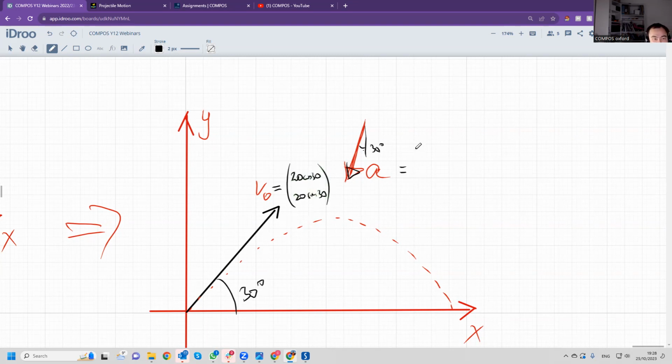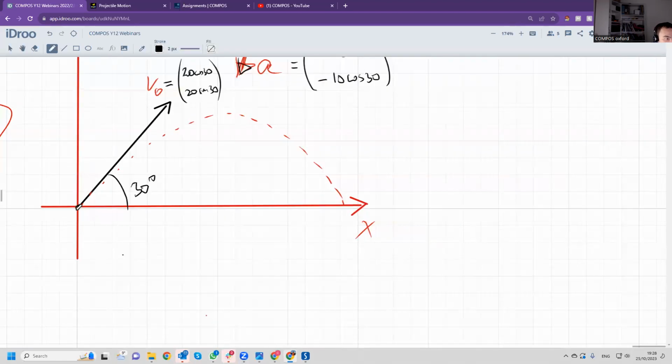And my acceleration is minus 10 times sine 30 and minus 10 times cos 30, because I'm splitting into components.